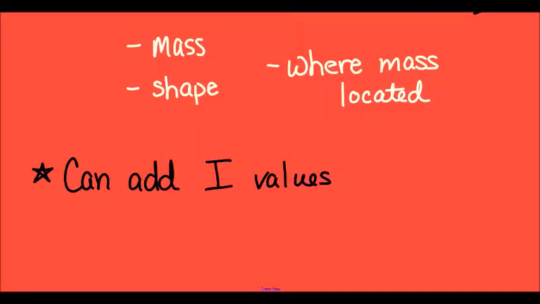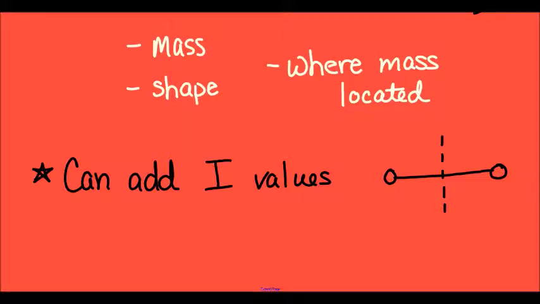So for example, if I have an object where I have a long, thin rod and two masses on either end, with my axis of rotation passing through the center, I would use the moment of inertia for the long, thin rod with the axis of rotation through its center. And then I'd also use the equations for the moment of inertia for the two masses on either end, and add all three of those together.